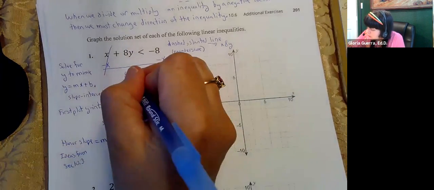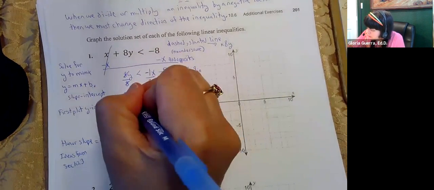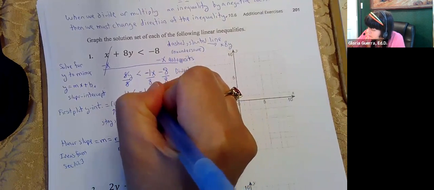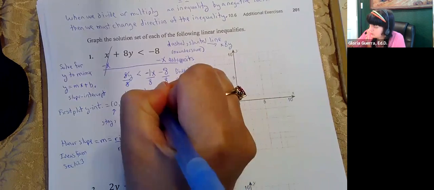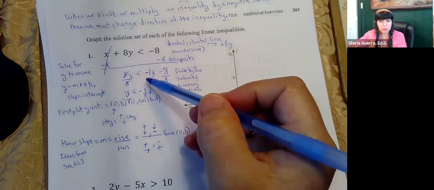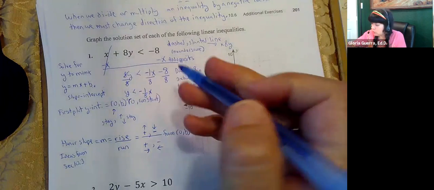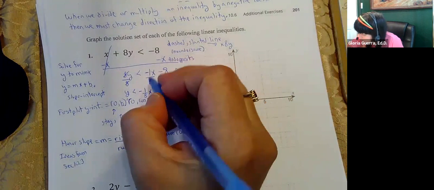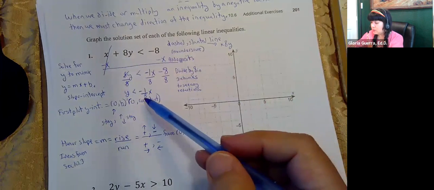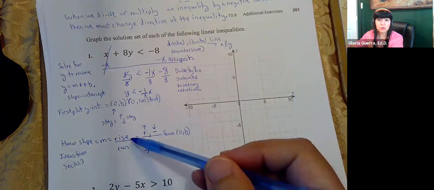Okay, so then we have y is less than, this is just negative 1/8 x. And you see that negative might be written in the middle of the fraction. What we should do is push it to the top, apply it just to the numerator, because that's a slope. That's an mx. And we need to get ready to do this rise.